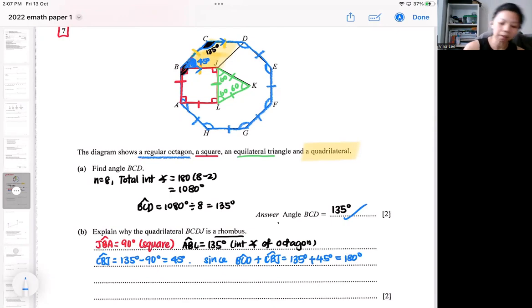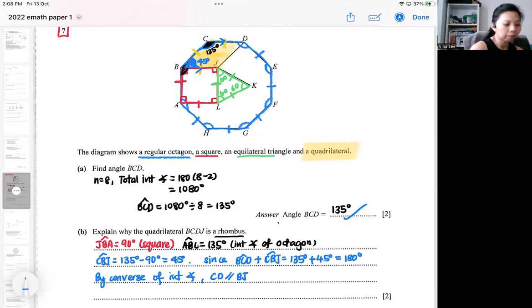So by the converse of interior angle, CD will be parallel to BJ. So that's one of the critical features that you will need to prove. So that will account for one of the marks that you will earn.